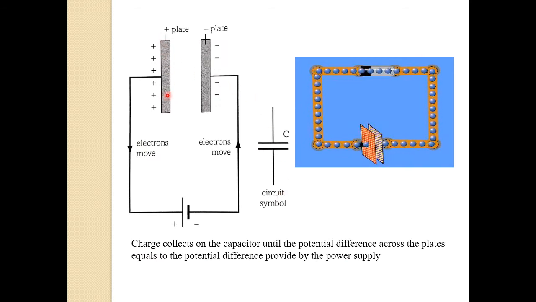So these are the two parallel metal plates, plate 1 and plate 2, and when the capacitor is fixed to a power supply, this is the positive end and the negative end.